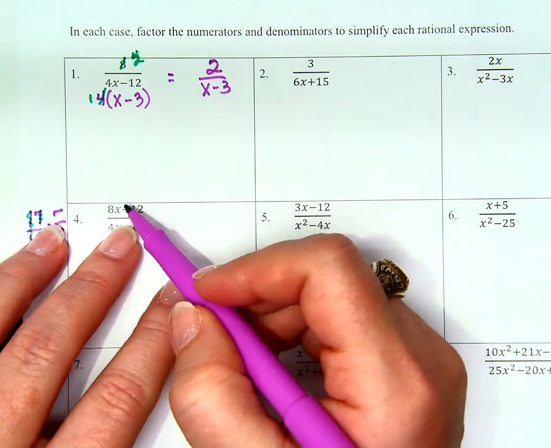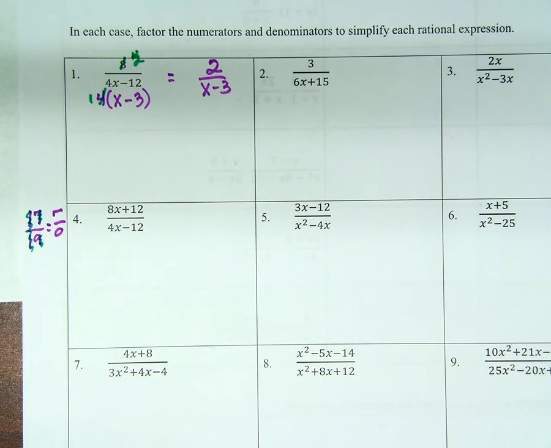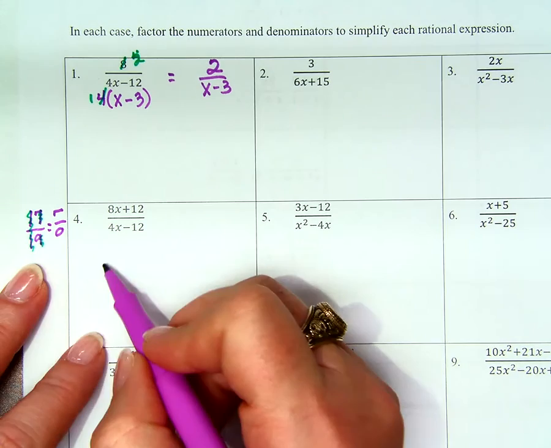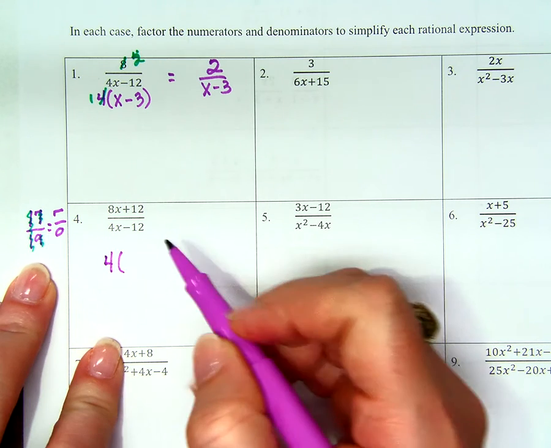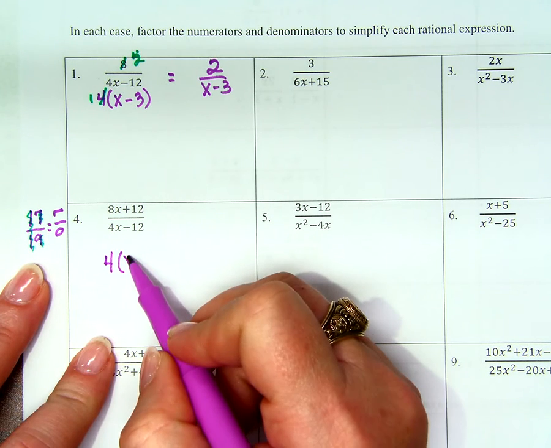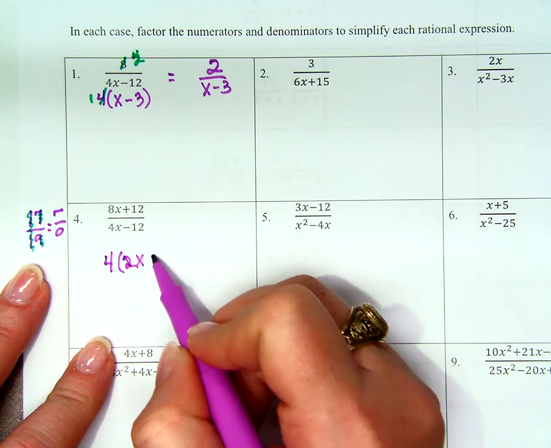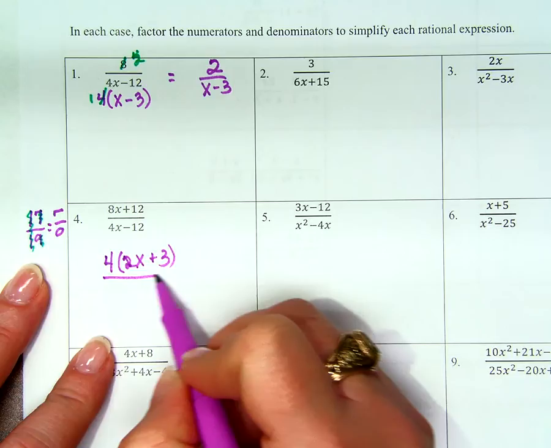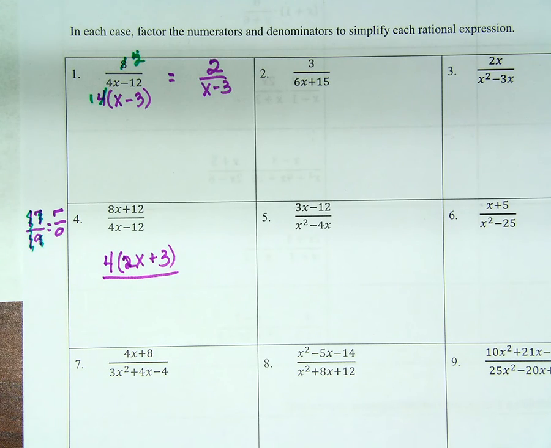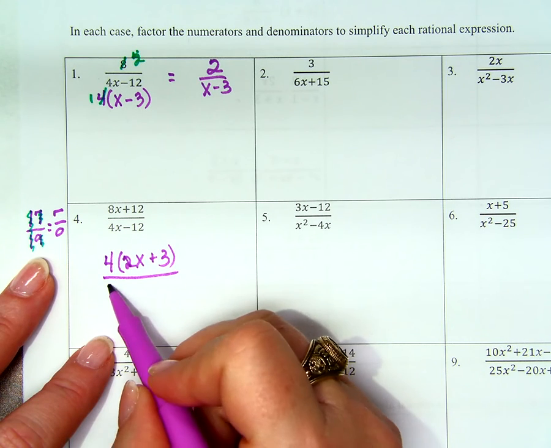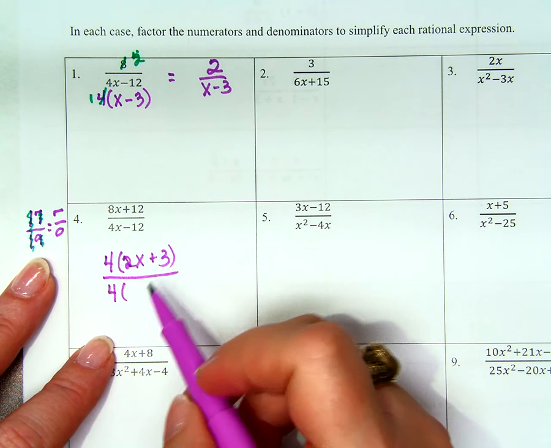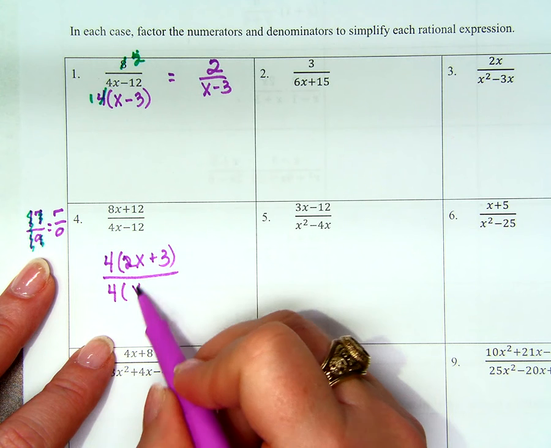Okay? Look at the numerator. What are they both divisible by? 4. If I divide out a 4, what's left? 2x plus 3. Okay, is there something I can simplify out of the denominator? 4 also? Okay. What's left if I divide by 4? X minus 3.